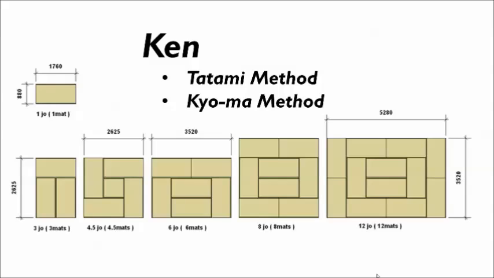So it's a really interesting system, and we look at traditional Japanese architecture to show either one of these methods: either the tatami method that varies to accommodate the columns or partitions, typically an open space with columns, or the Kyoma method where the mats really drive how the space is designed, how the room operates, and how it functions.